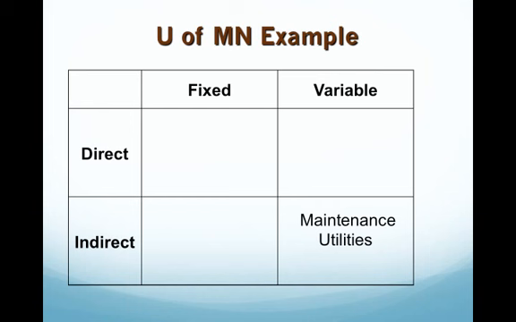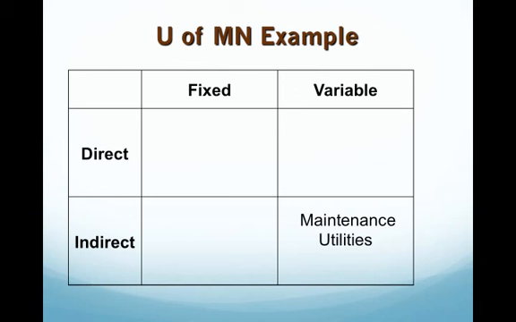You don't need maintenance to teach. So it's indirectly related to the cost of education. And also, it's a variable cost, because the number of students we have determines how many classrooms we need and what the cost of those utilities are.